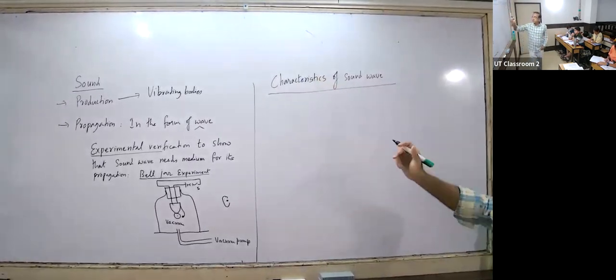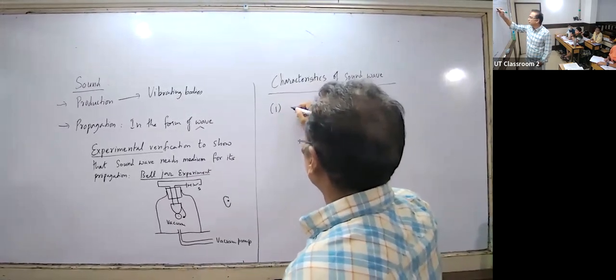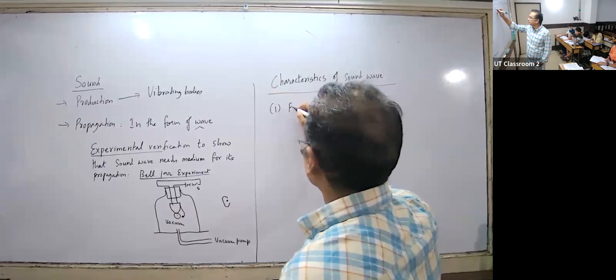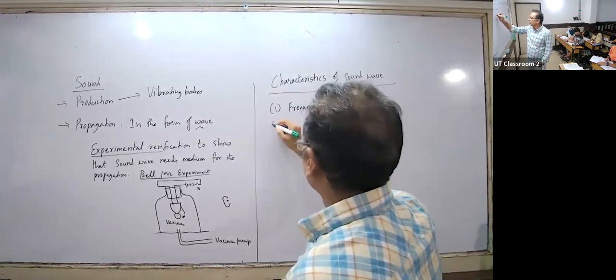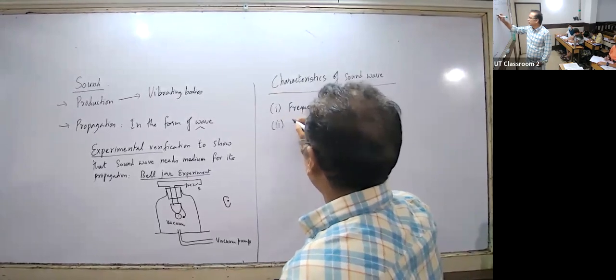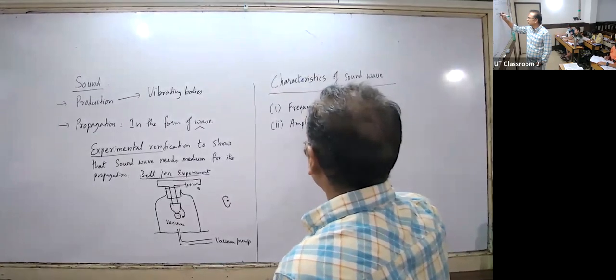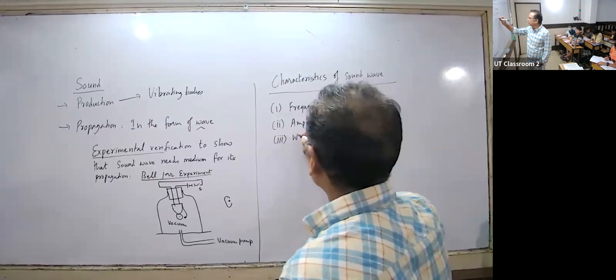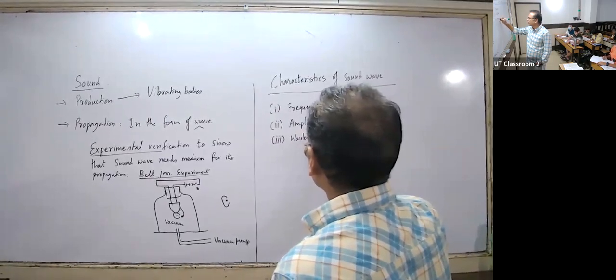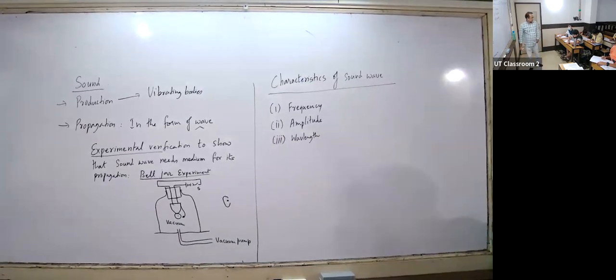So waves would have frequency. Then it would have amplitude. Right? It would also have wavelength. Okay. So speed we'll see. So these are the characteristics of any wave.